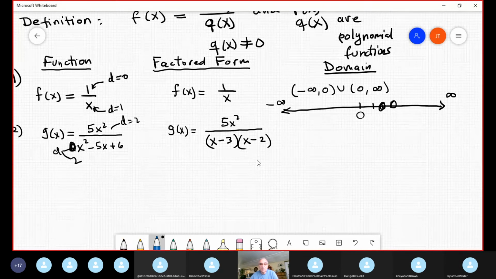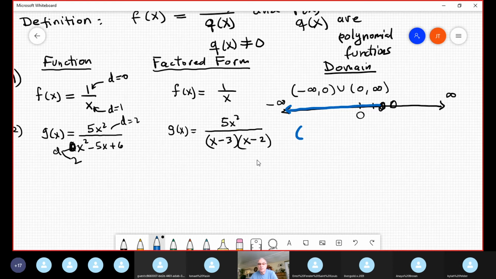Now the domain is all real numbers except the restrictions. It is from negative infinity to 2, union, we have another piece, a small piece here, I guess, from 2 to 3, union, and the last piece is from 3 to infinity.